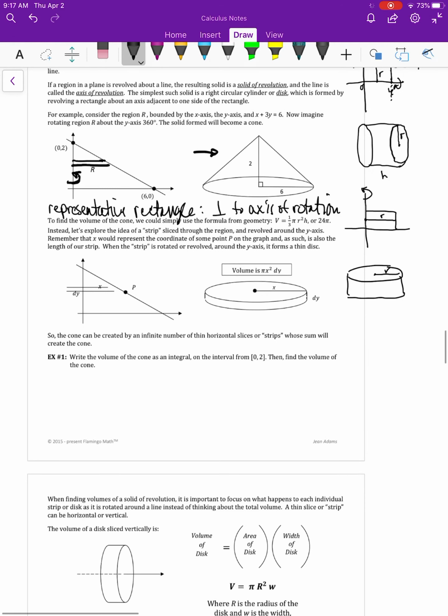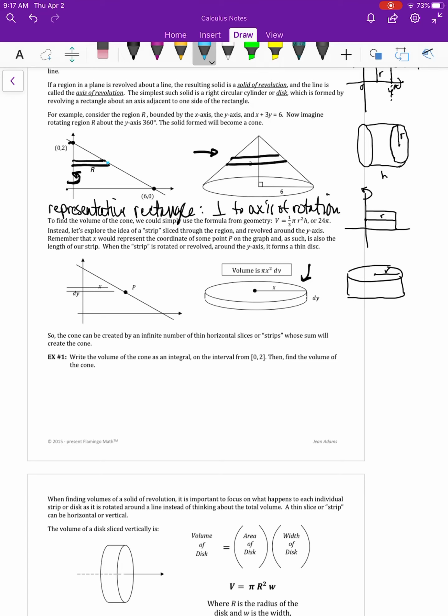And then as you spin it, it creates these circular regions, of course, so that if I cut this at any point, it would produce this disc right here. Just by slicing it, that representative rectangle is for a little slice of your three-dimensional figure. If I took this representative rectangle and sliced it, this would be the radius of my little disc.